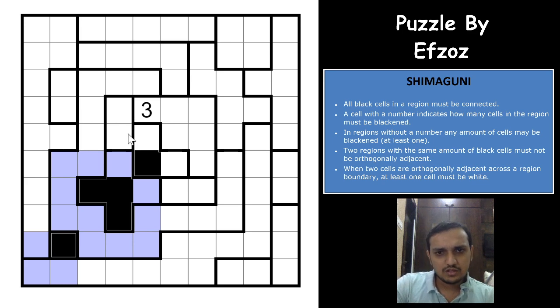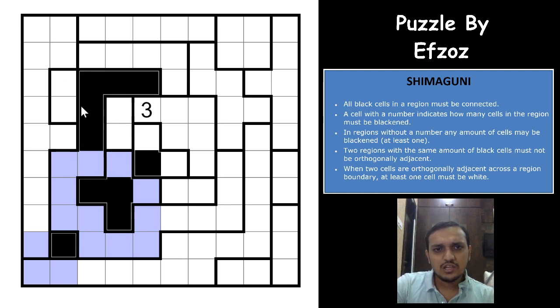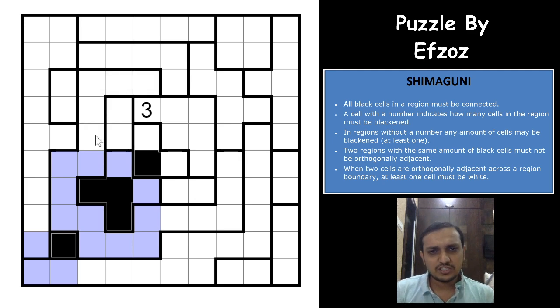Okay, it can have 2 shaded cells, right? So it can have 2 shaded cells. It cannot have 3 shaded cells. So it cannot have 5 shaded cells as well, because 5 shaded cells will be on either one side. If you have 5 shaded cells, the region here or this region will not be having any of the shaded cells. So it cannot be 5. So it either will have to be 2 or 4, right? So is that helpful here?